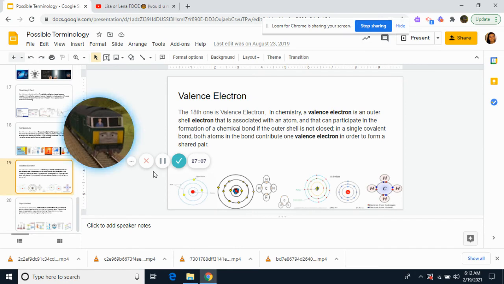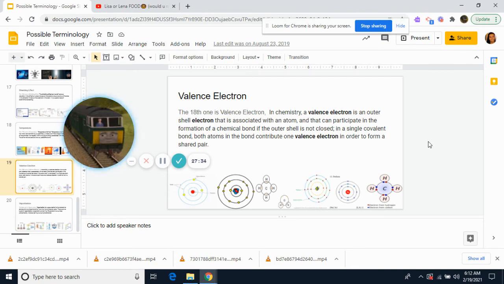All right, so the valence electron. The 18th one is valence electron. In chemistry, a valence electron is an outer shell electron that is associated with an atom and that can participate in the formation of a chemical bond if the outer shell is not closed.